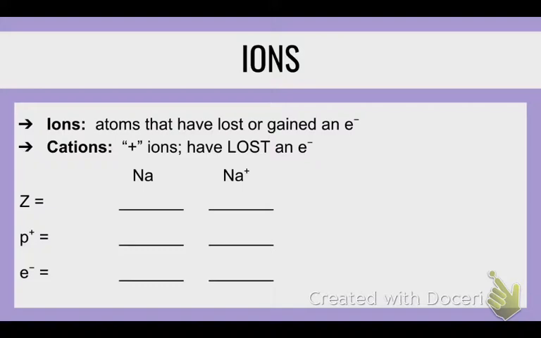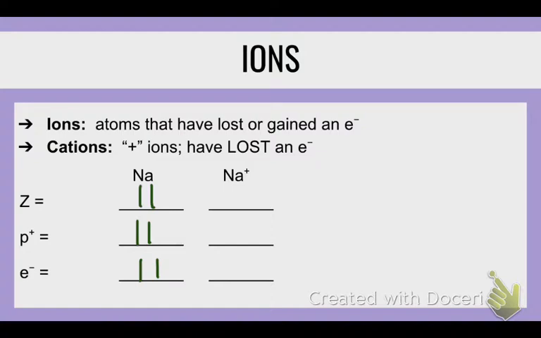So in the neutral element, or neutral atom, the number of protons is 11. The atomic number is 11, and the number of electrons is 11.